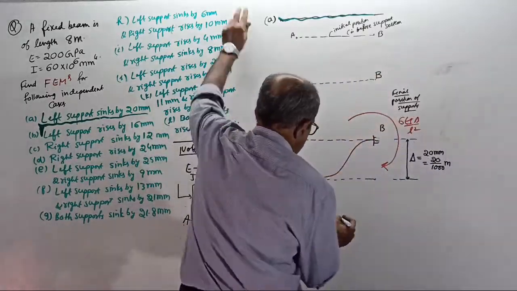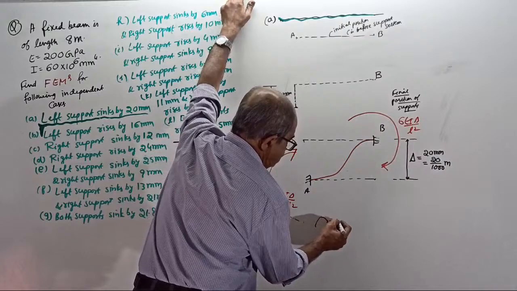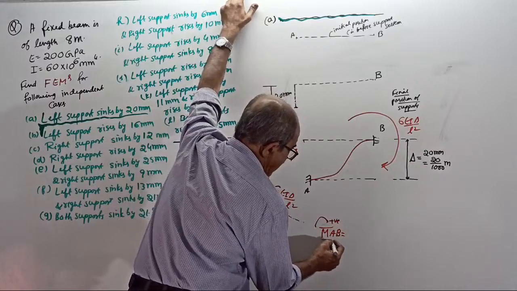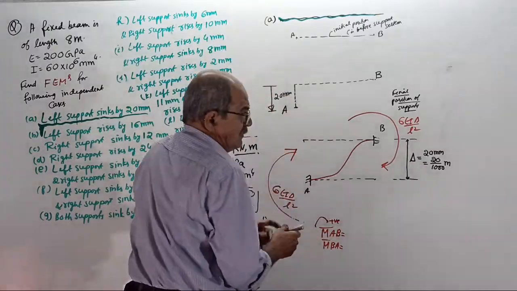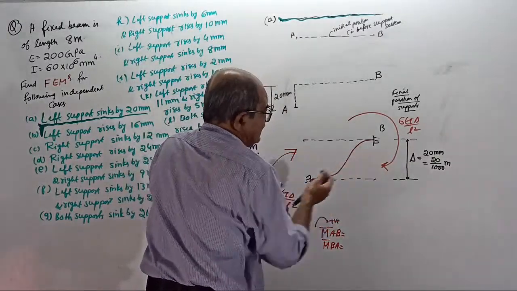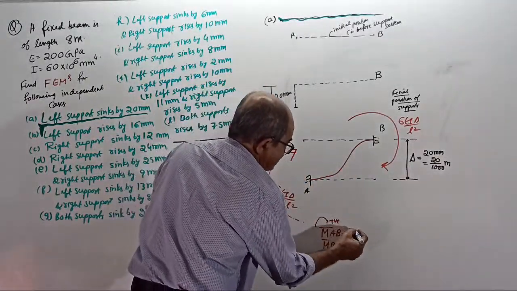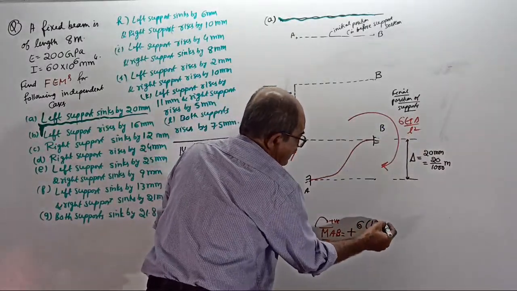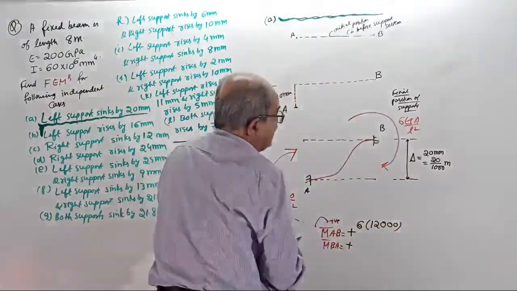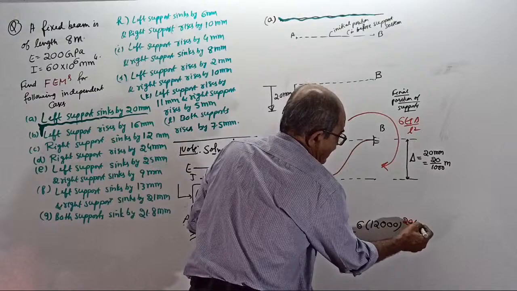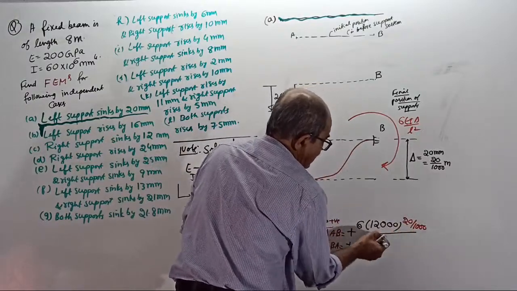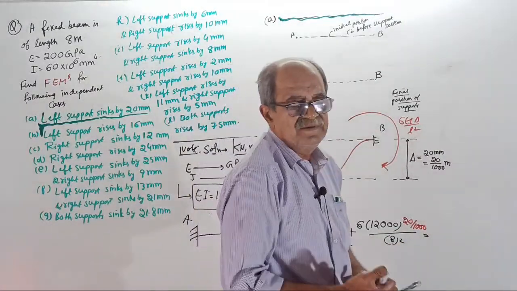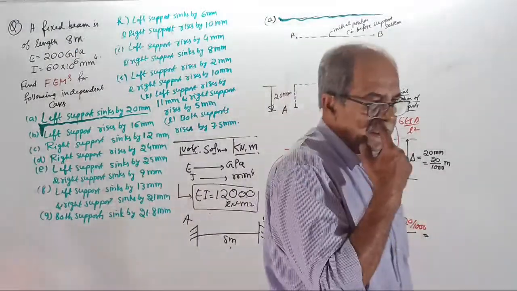Therefore, with clockwise positive, M bar AB and M bar BA equal to, substitute, both are 6 EI delta by L square clockwise, plus that also, 6 into EI is 12,000 into delta is 20 by 1000 divided by 8 square. Tell the answer. We got it yesterday. Tell the answer. That is the FEM at A. Answer.